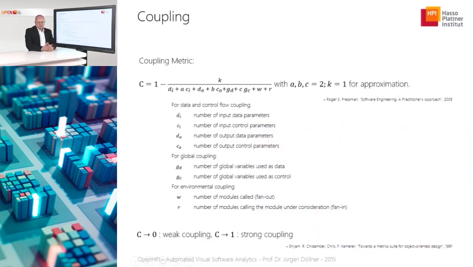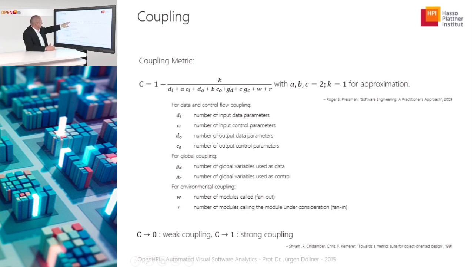There are different metrics available that try to measure, to quantify coupling. For example, we have a coupling metric that defines coupling as measured by a normalized coefficient, and it's 1 minus something.